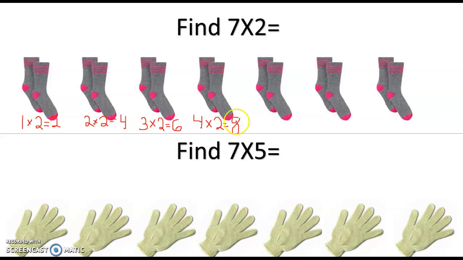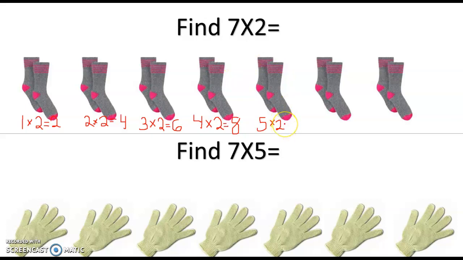What if I have 5 pairs? So 1, 2, 3, 4, 5 pairs. There's 2 socks in each pair. 2, 4, 6, 8, 10.